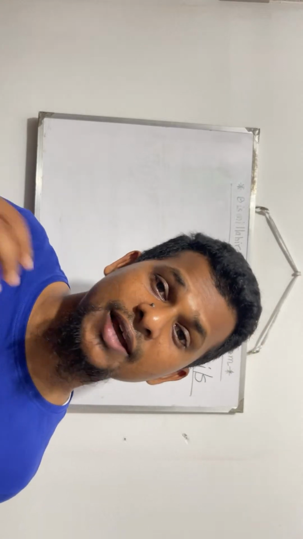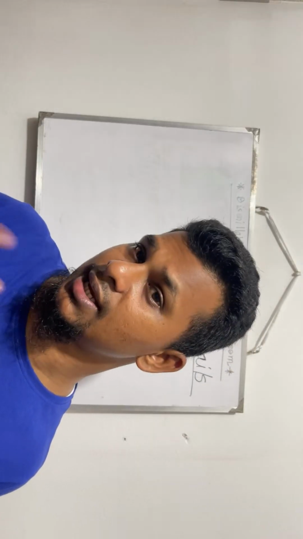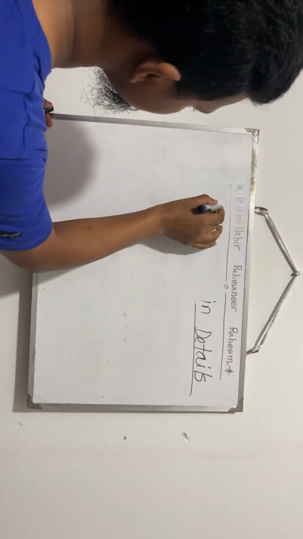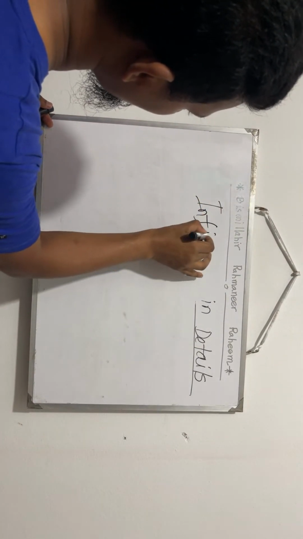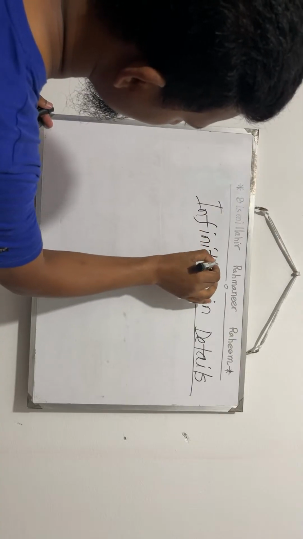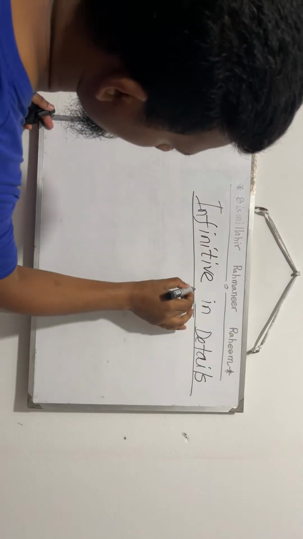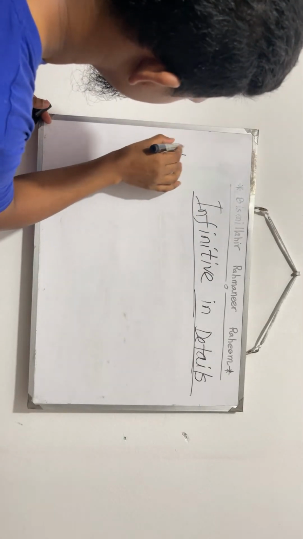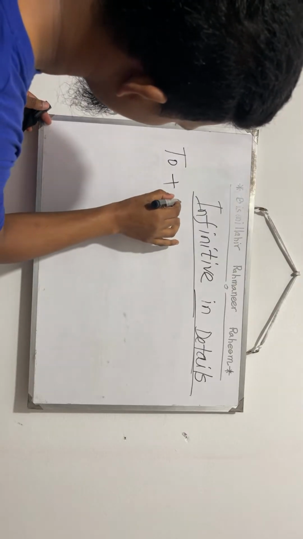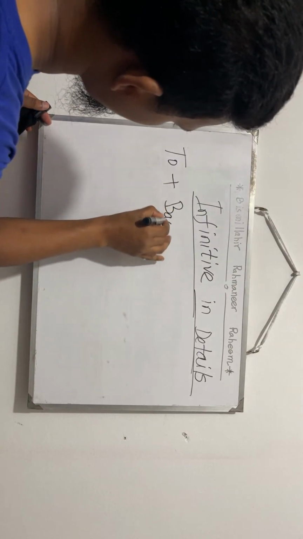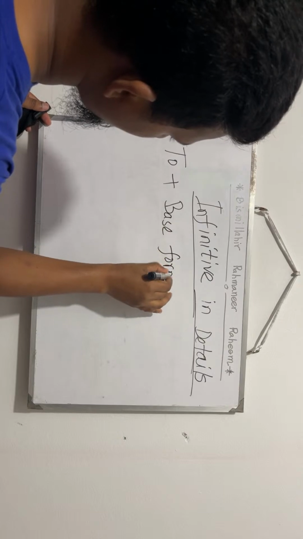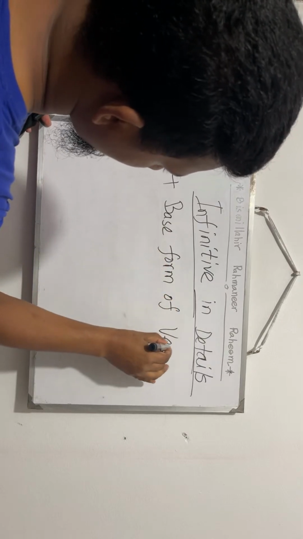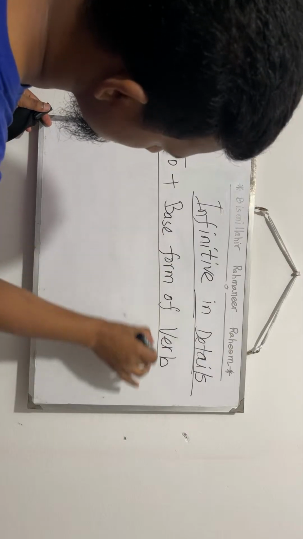More or less 7 infinitives are there, but I'll teach you today as much as I can cover. All right. So also infinitive in details. This is infinitive.